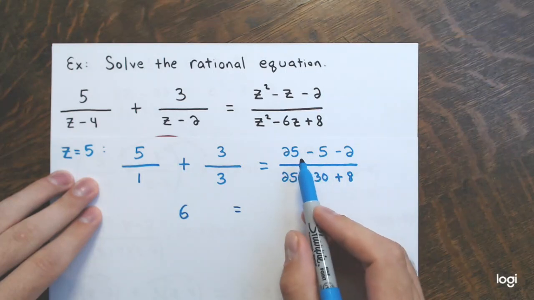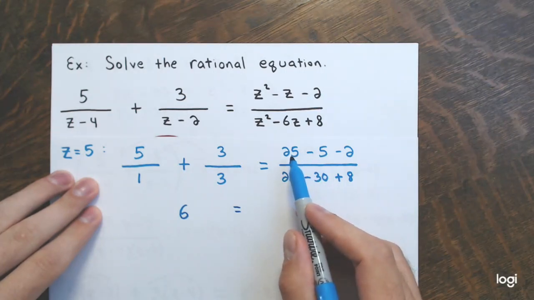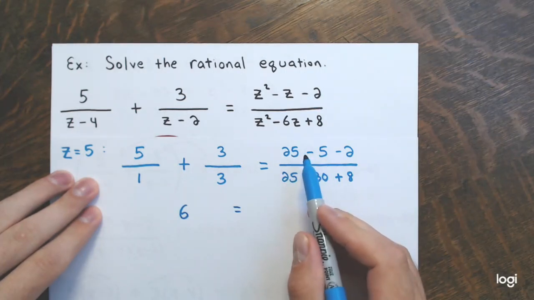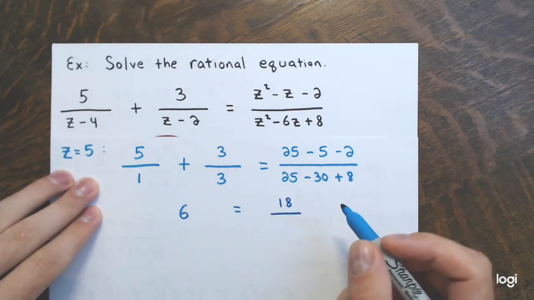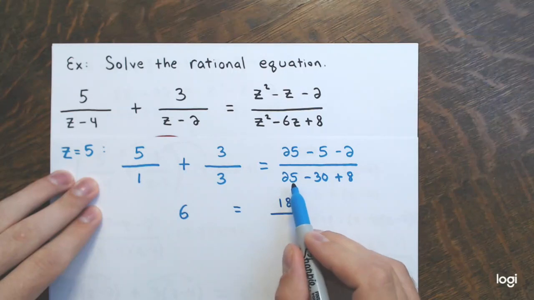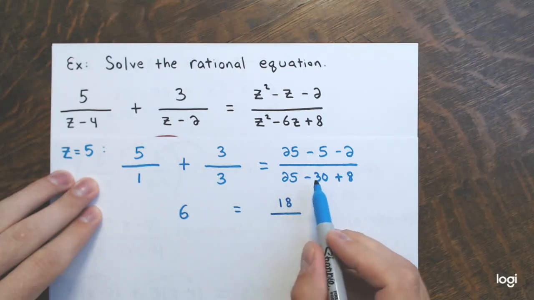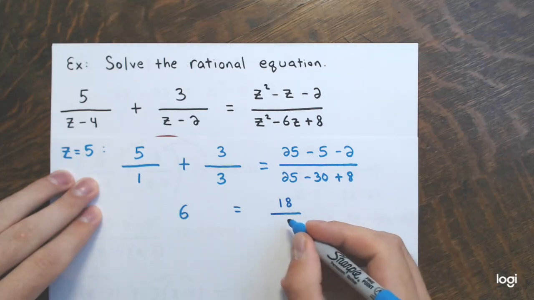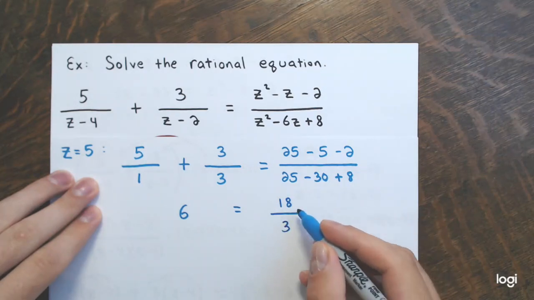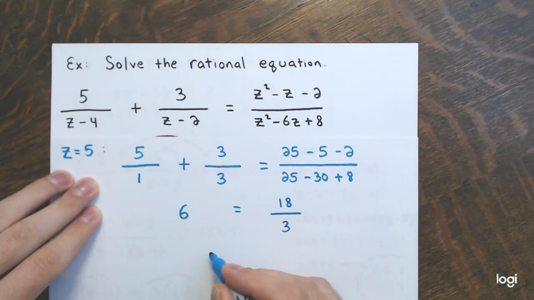On the right side, the numerator, 25 minus 5 is 20, minus 2 is 18, and then 25 in the denominator, 25 minus 30 is negative 5, negative 5 plus 8 is 3, and 18 divided by 3 is indeed 6.